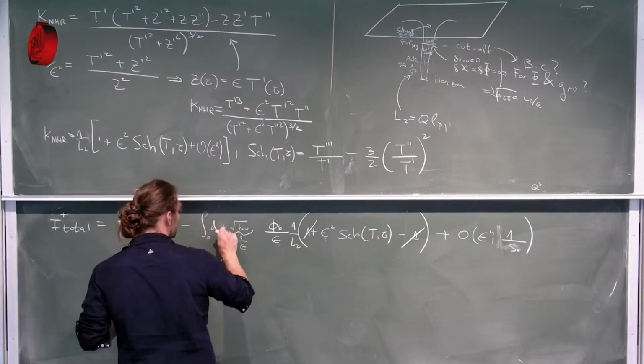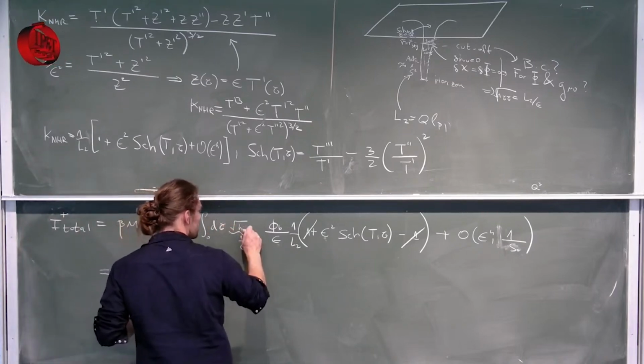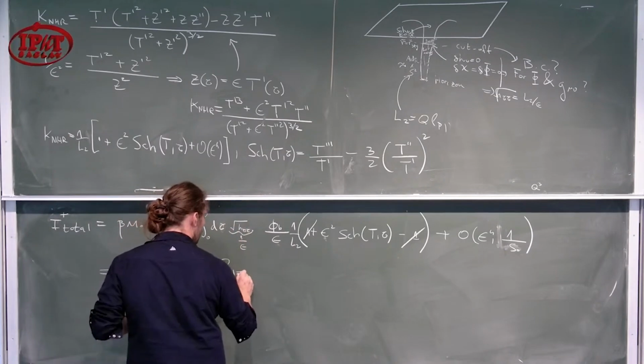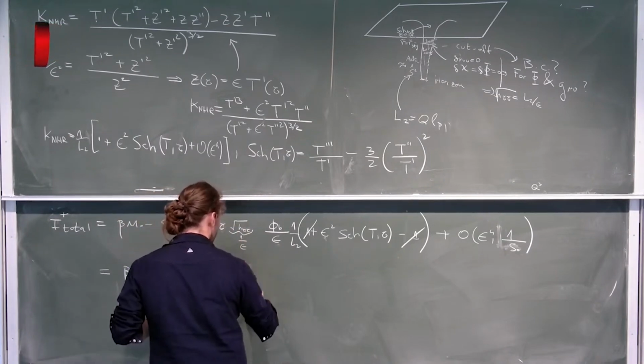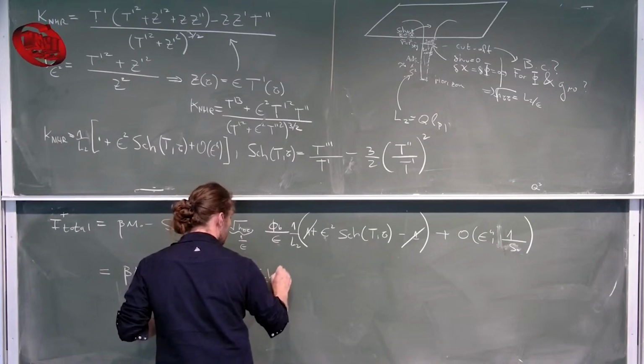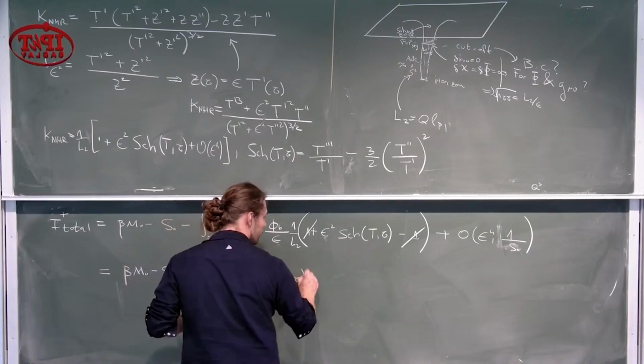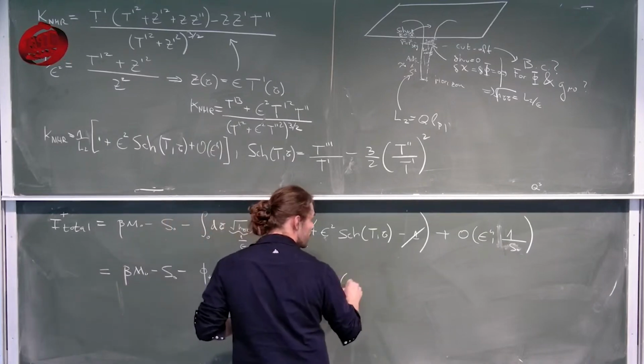So sorry, let's call this t, integral d tau from 0 to beta for the Schwarzian of t of tau plus corrections that are suppressed.